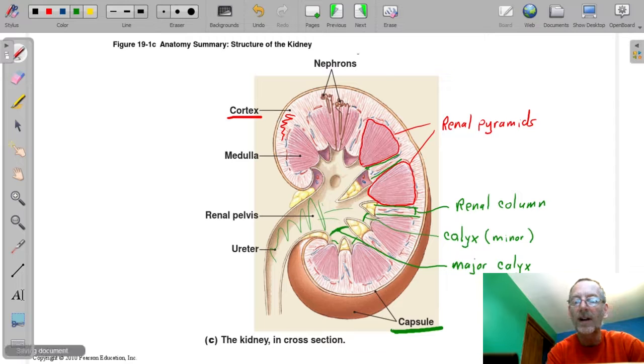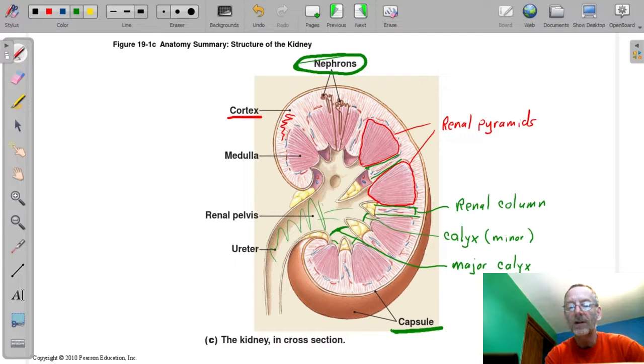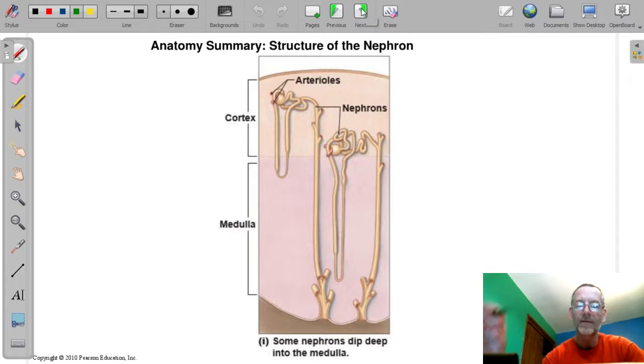We're going to spend a lot of time talking about the nephrons. A good part of the nephron is in the cortex. Some of it is in the renal medulla, and we'll take a look at that. So that's just an overview. On the next slide, we go a little bit deeper and look at the nephrons.